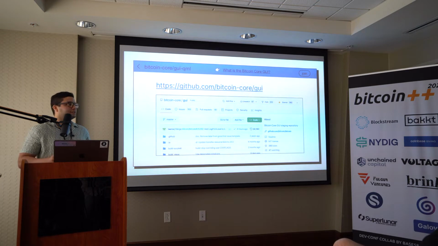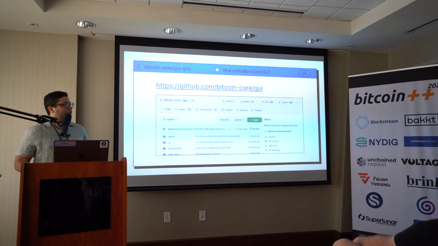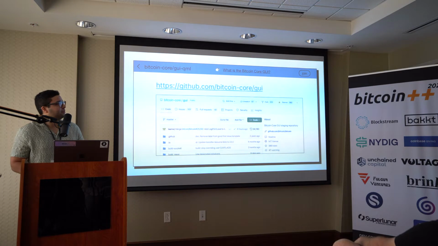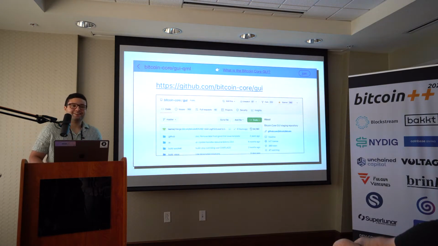It makes sense to move out development of different parts like the GUI and the wallet into their own repo so people work on what they care about and get notifications about what they care about. So that was a primary reason behind that. Another reason was some developers didn't like the notifications from the GUI, and so we moved it out.